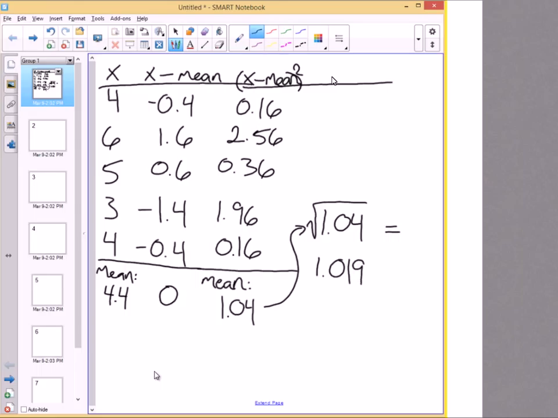And can anyone tell me, does that look like that's probably a decent answer for the standard deviation? How you would know?